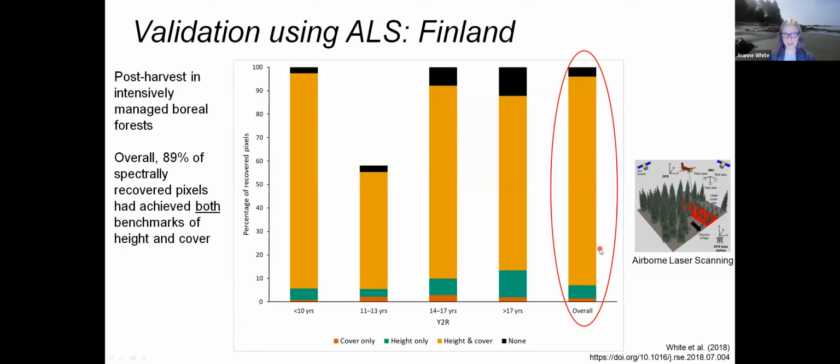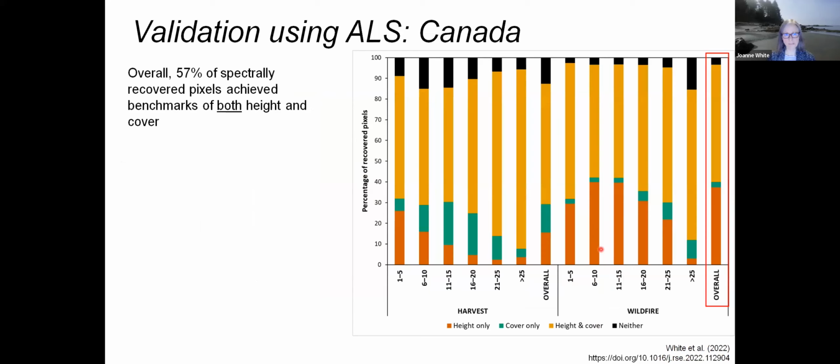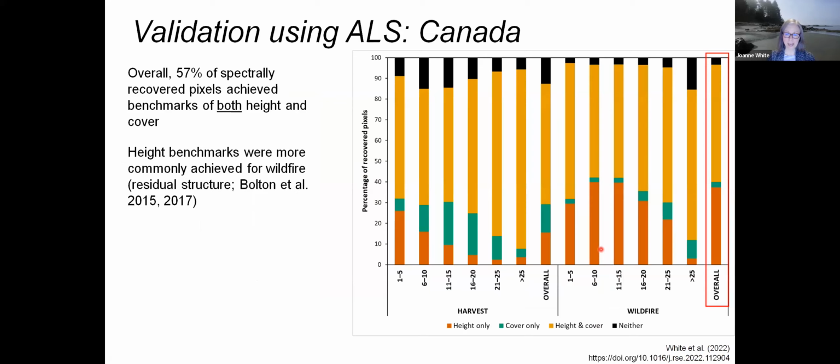and cover. If we look at this in a Canadian context and look at both harvest and wildfire, we see something quite different. So 57% of pixels that were considered spectrally recovered had achieved benchmarks of both height and cover. And we see that height benchmarks, so this dark orange here, were much more commonly achieved for wildfire areas. And we know from other studies that these relate strongly to residual structures that are left, residual trees that are left in the forest immediately after the fire and may not actually die for several years.